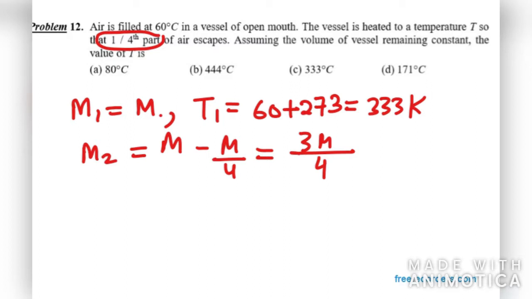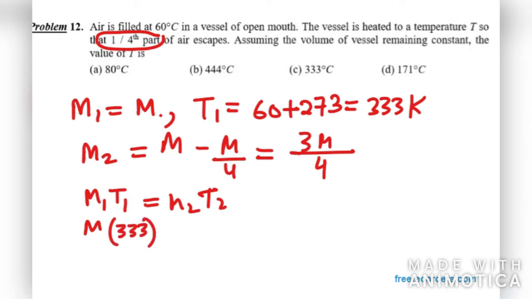Now, in this case again the pressure and volume of gas remain constant. Again we can make use of the equation m1 T1 equal to m2 T2. Now m1 in this case is m and T1 is 333. m2 in this case is 3m over 4, into T2.